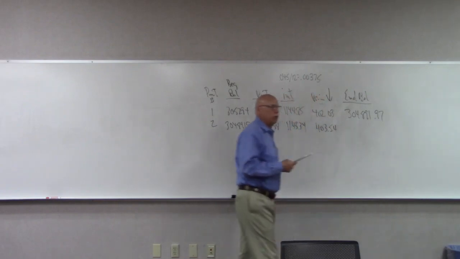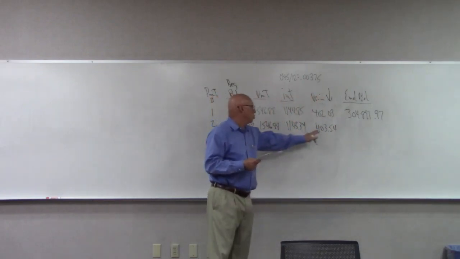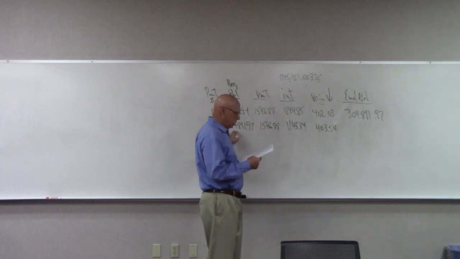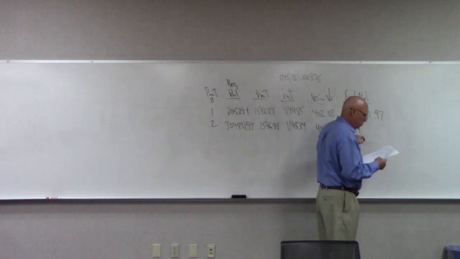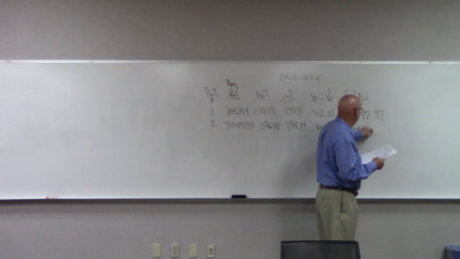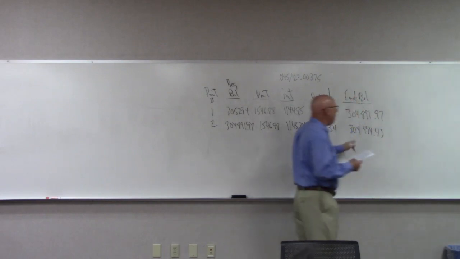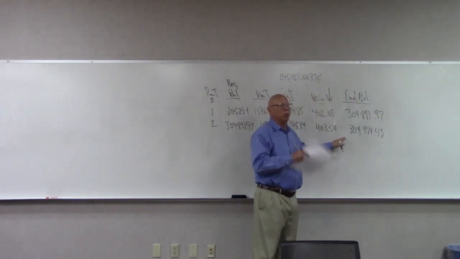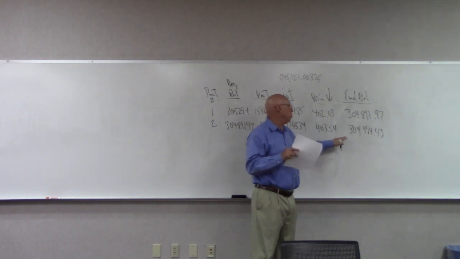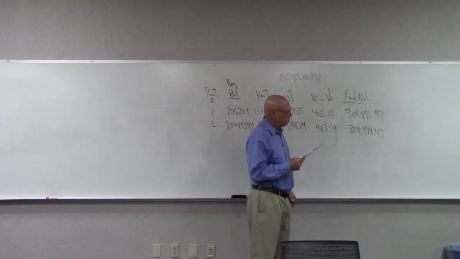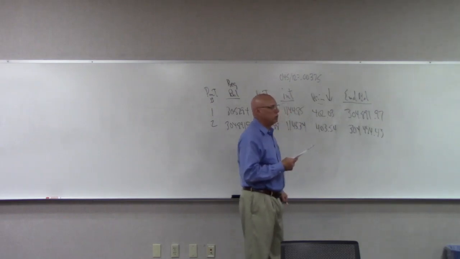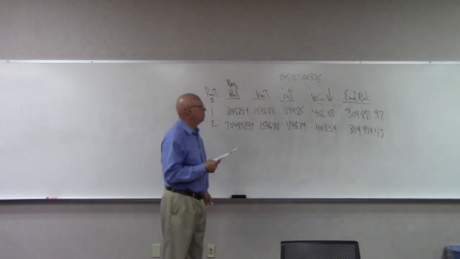That's how much principal we're going to reduce in the second month. So then we subtract that principal from the beginning balance, and we get our ending balance of $304,494.43, which happens to be the present value of the remaining 358 payments. Is that a 494? Yep, .43. We made 2 payments.